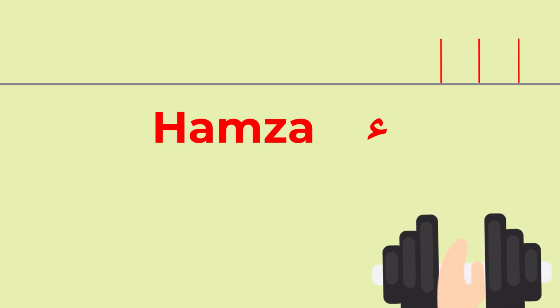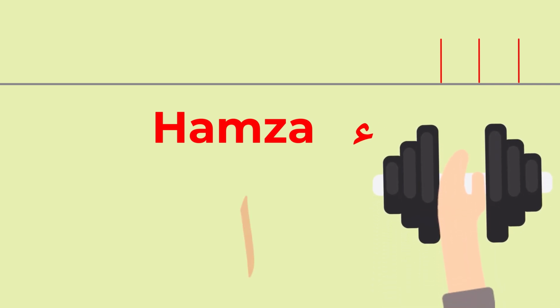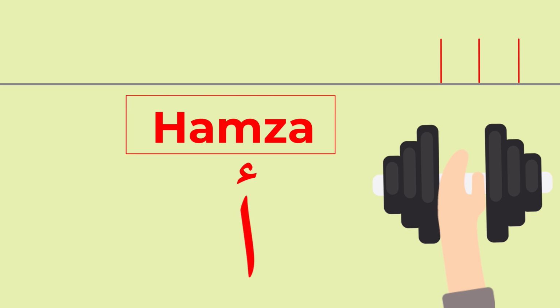Now Hamza is a strong letter. So when it joins the ALIF, it is referred to as a Hamza. So the ALIF accompanied with the Hamza is considered a Hamza. It is no longer ALIF, even though the ALIF is there, but we call it Hamza.